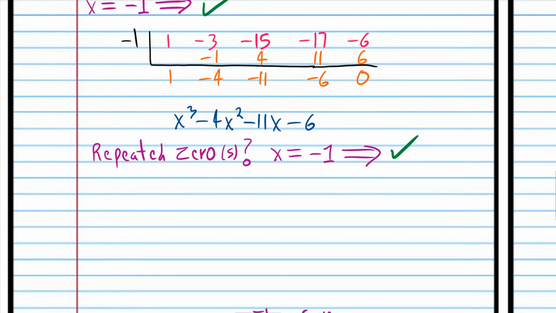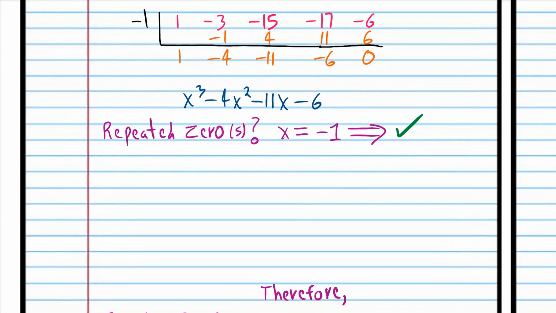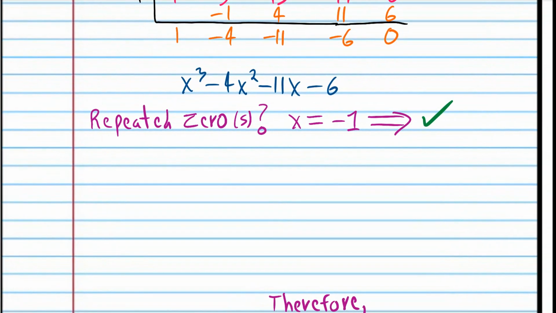Now we'll check for a repeated 0, so we're going to plug in -1 to this depressed polynomial, and it turns out that that is actually another 0. So now we can take that depressed blue polynomial and divide by x plus 1 again.